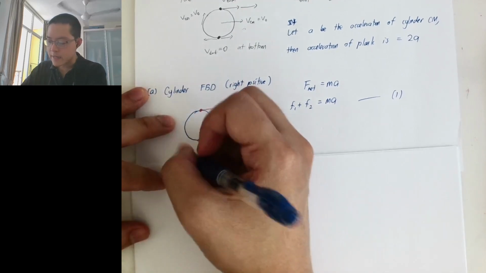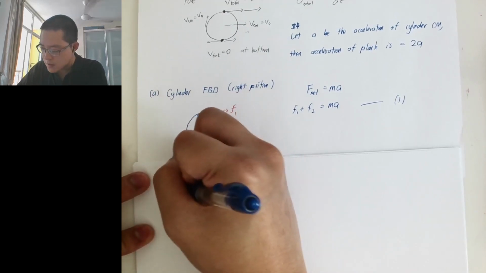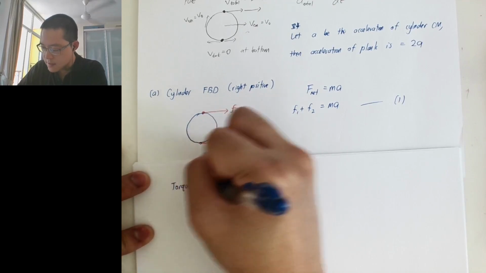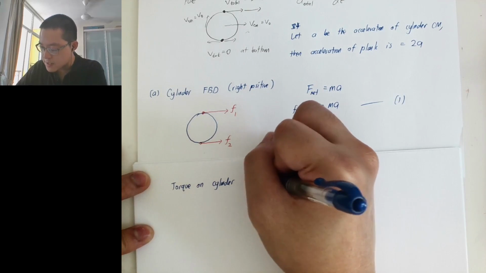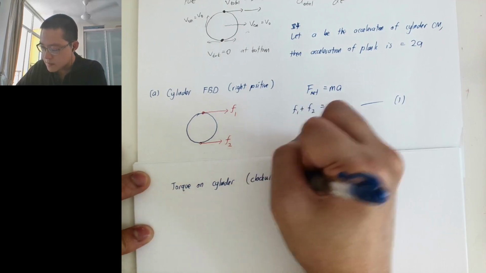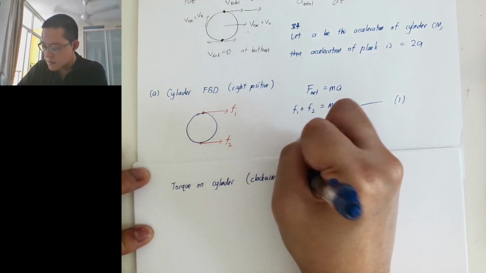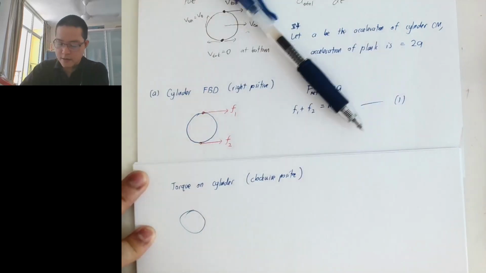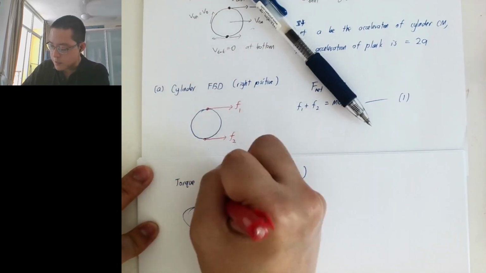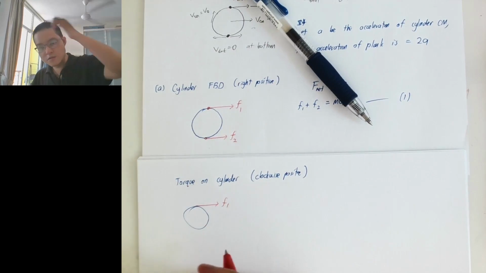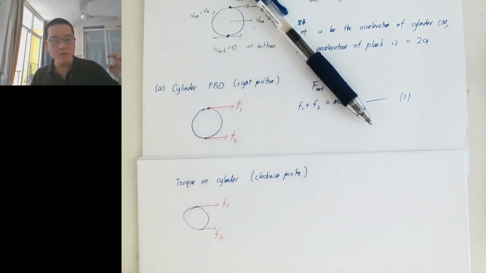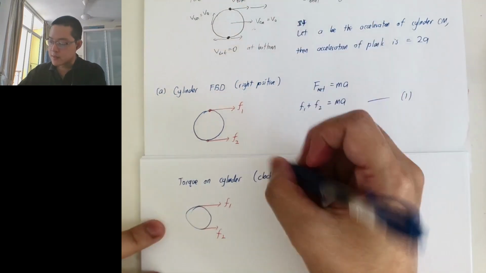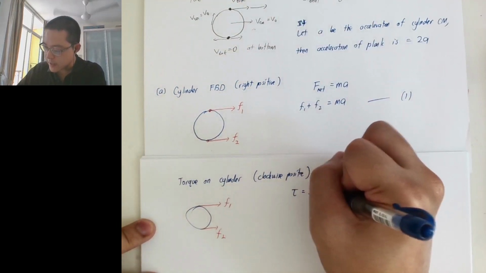And then let's look at the rotational motion. So torque on the cylinder. For here, let me call clockwise as positive. Right, so let me draw this again. Clockwise as positive. So F1 will cause it to become clockwise. F2 will cause it to become anti-clockwise. So the torque is equal to I alpha.